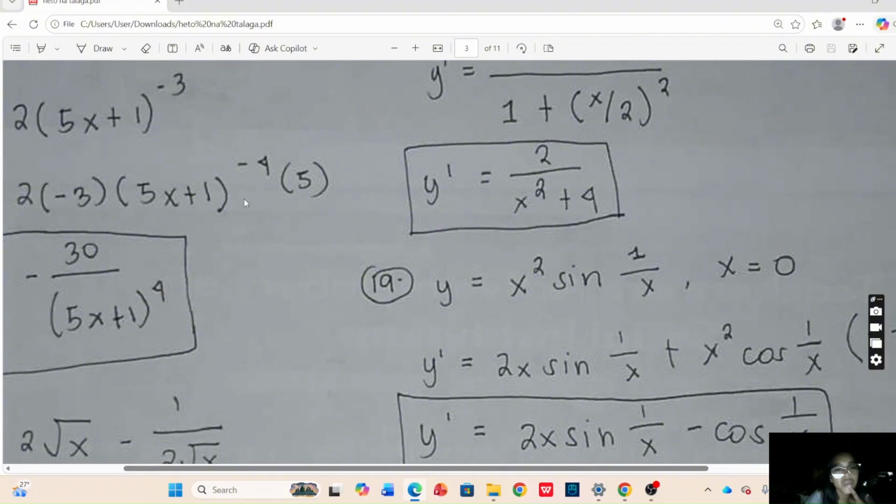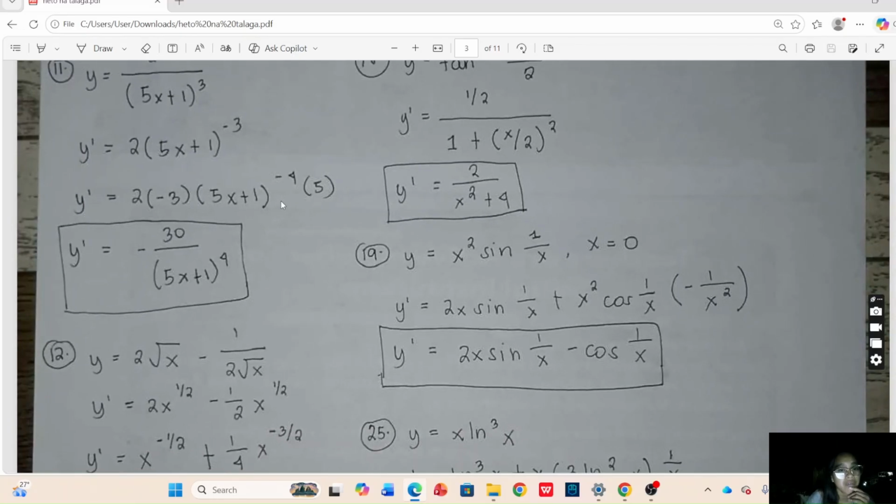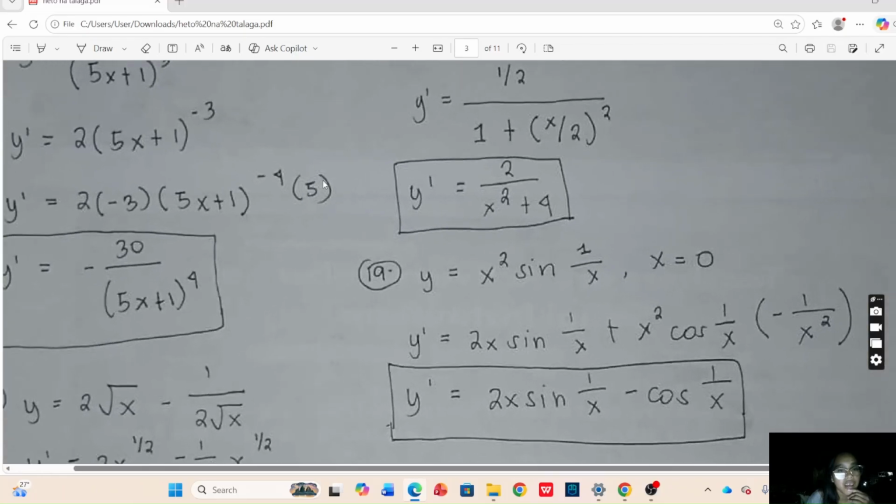For our exponent, that would be negative 3 plus 1, and that is multiplied by 5. Where do we get 5?